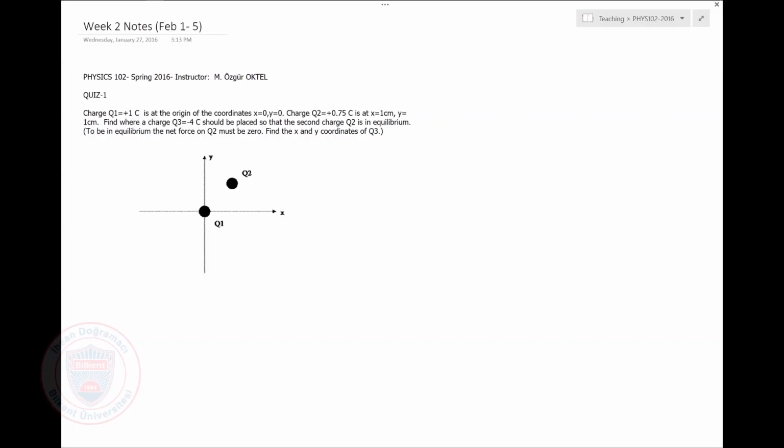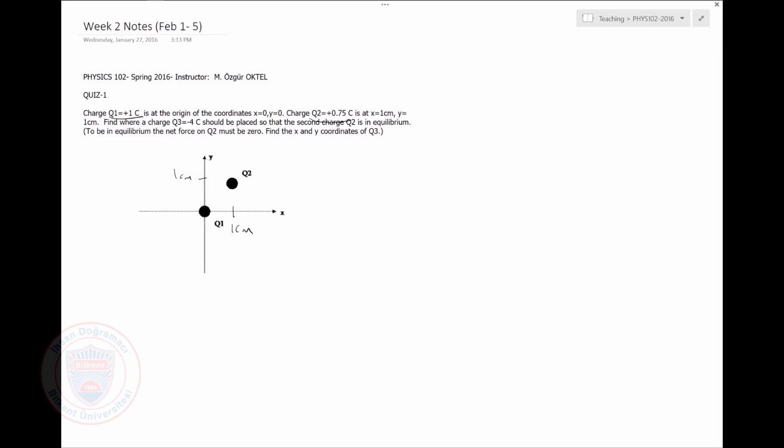I have two charges, Q1, 1 Coulomb, and Q2, 0.75 Coulomb. And their positions are given. Q1 is at the origin, and Q2 is at 1 centimeter x and 1 centimeter y.